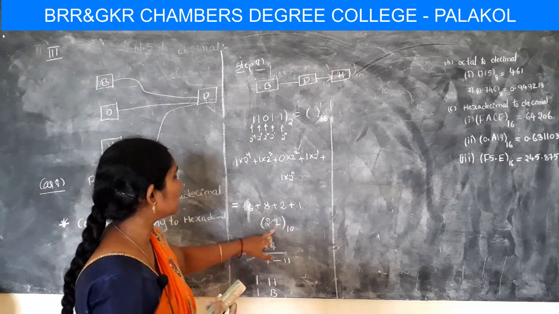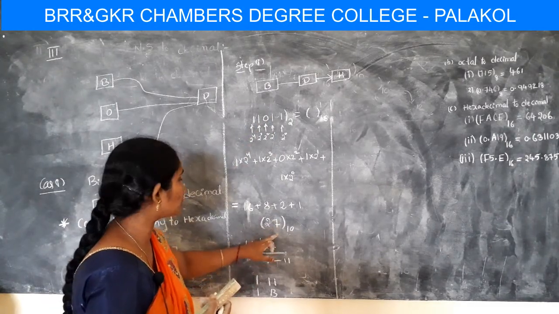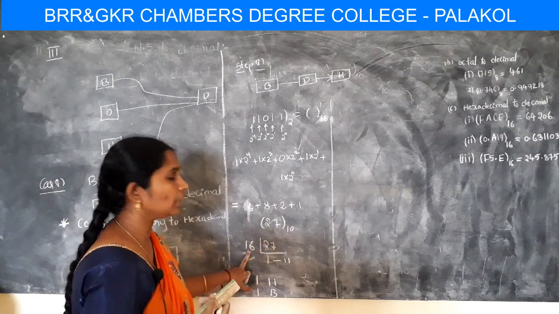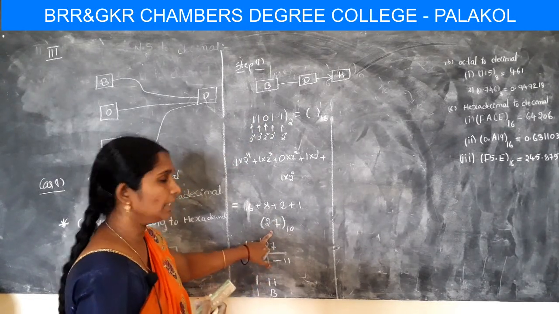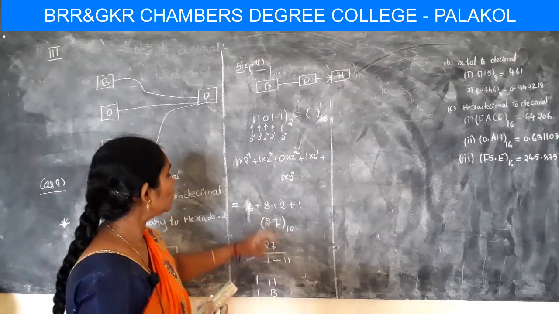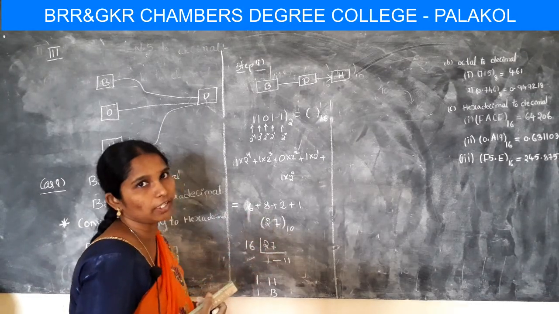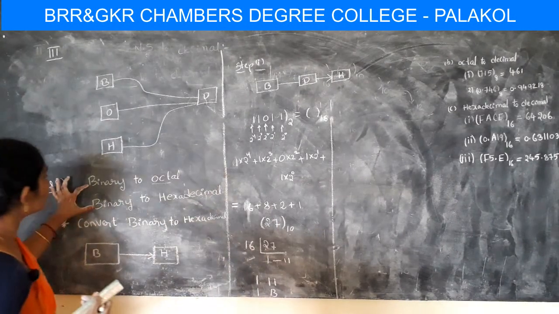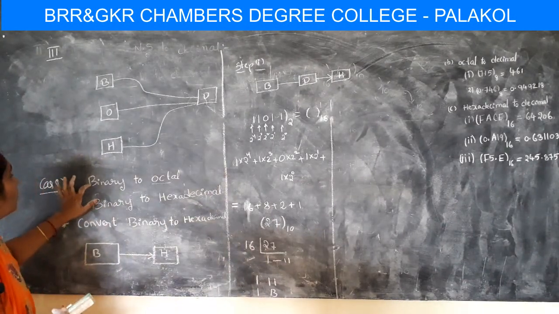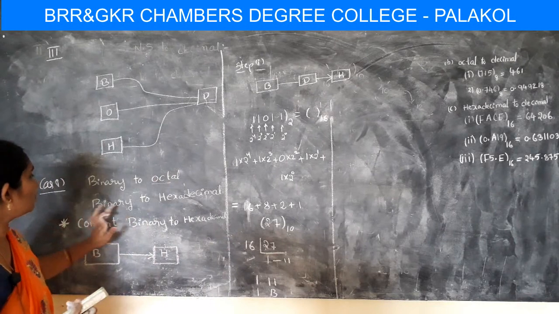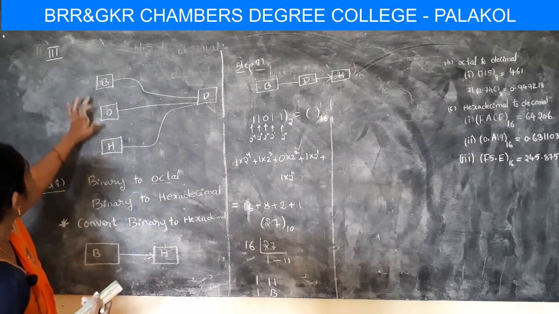For the integer part, I will divide with 16. For example, if it is a fractional part, then we will multiply with 16. Okay. So, this is the first case, binary to octal and binary to hexadecimal.